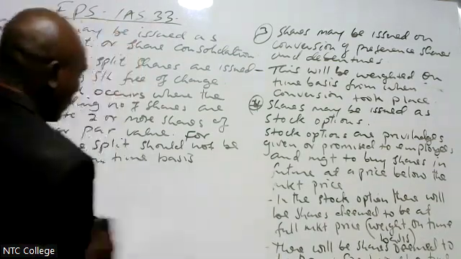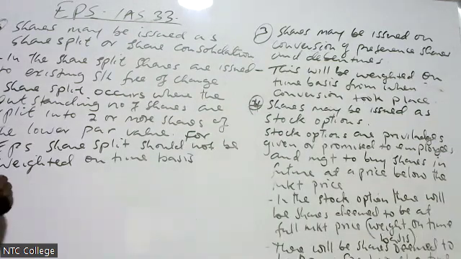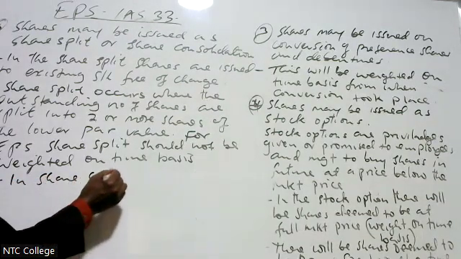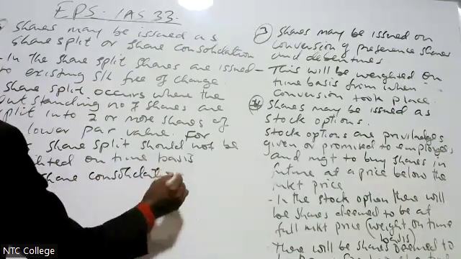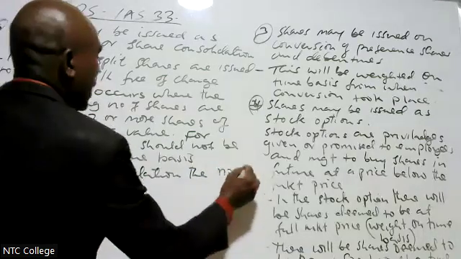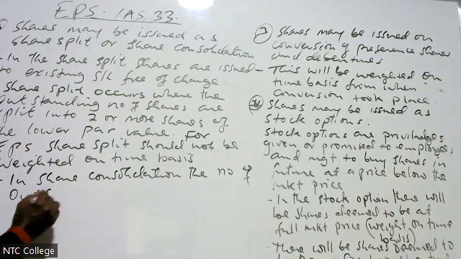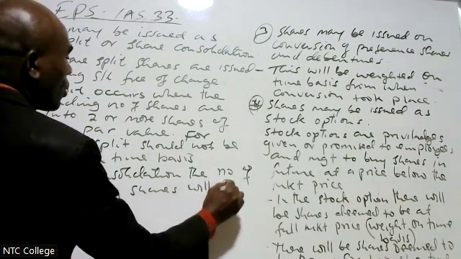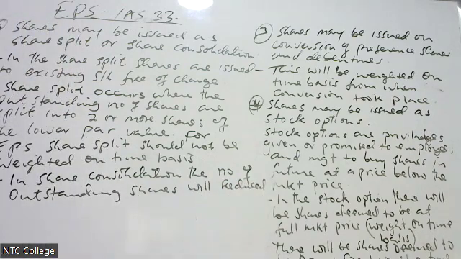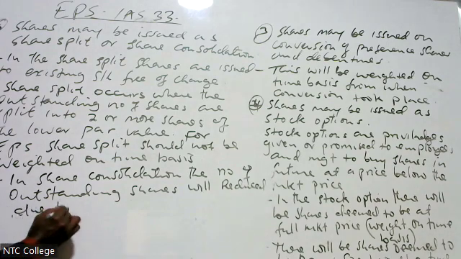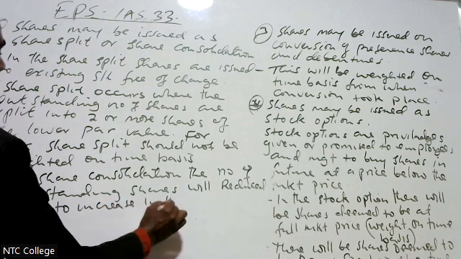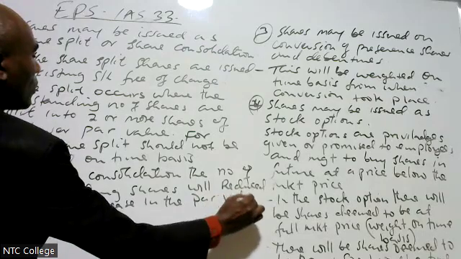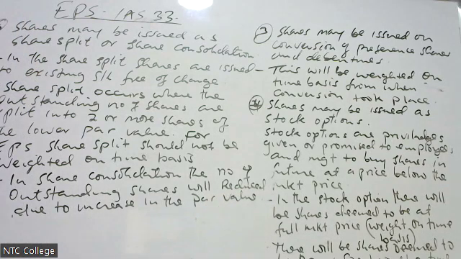You can put a dash and say, in a share consolidation, the number of outstanding shares will be reduced due to increase in the par value.